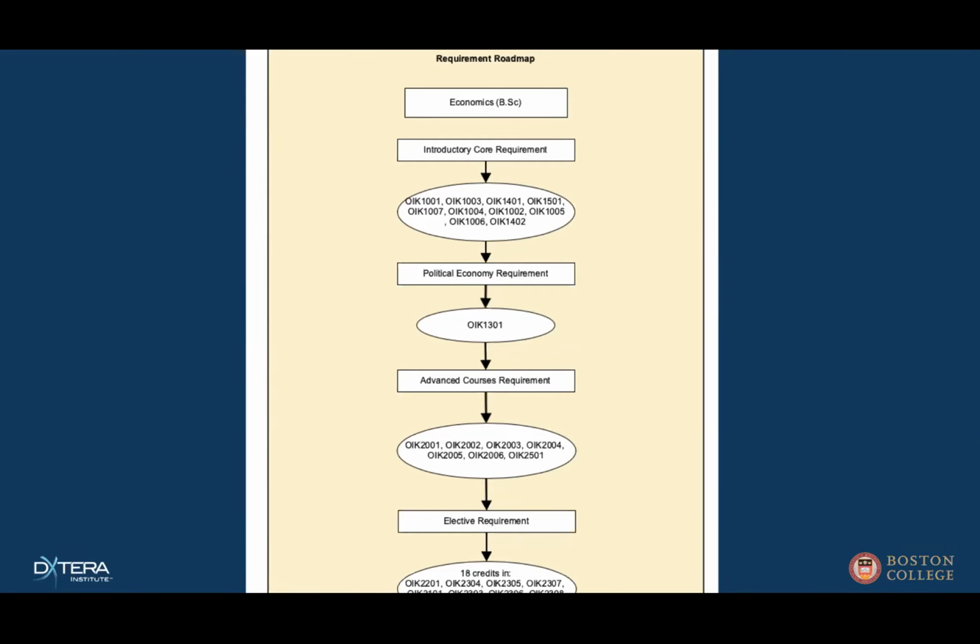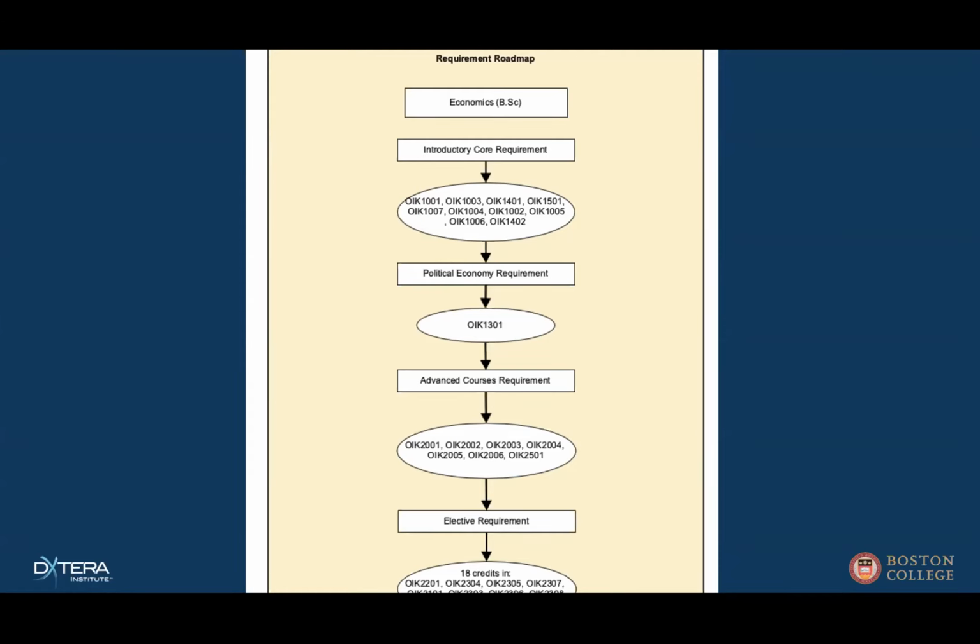So I took it and made this modification, and I said, I first want to name the requirements. I just don't want a bunch of circles with lists of courses, and I don't know what they mean. So I spent some time surfing around the UOC website, and I was able to glean from the language they used, or their H2 headings on the HTML page, oh, I think this is an introductory core requirement, and sometimes I made it up and said, oh, this is an advanced course requirement, to try to break up the different courses into different named requirements.